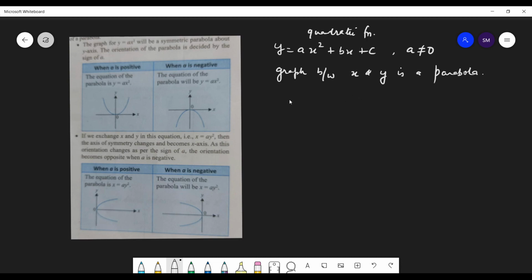Okay, thank you. So what is the simplest quadratic function or equation? y equals ax squared is the simplest, when c is equal to 0 and b equals 0.